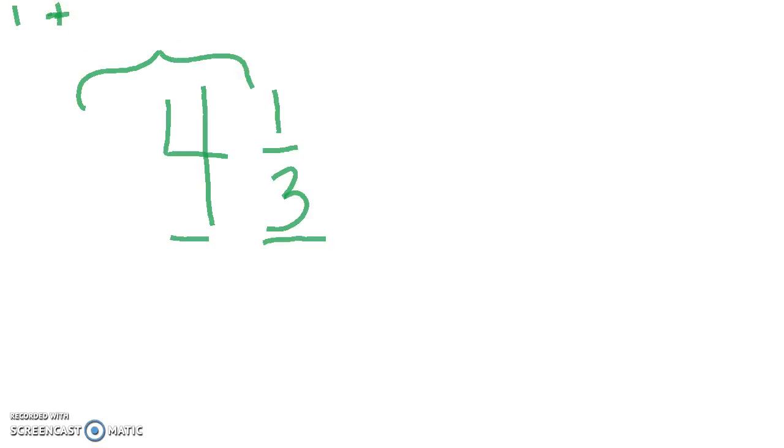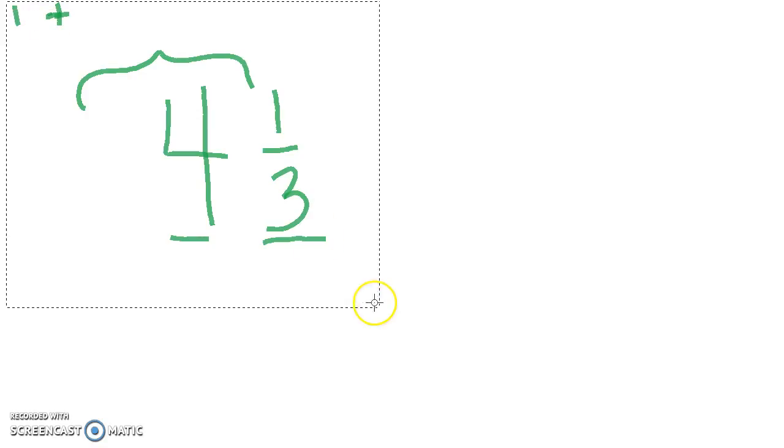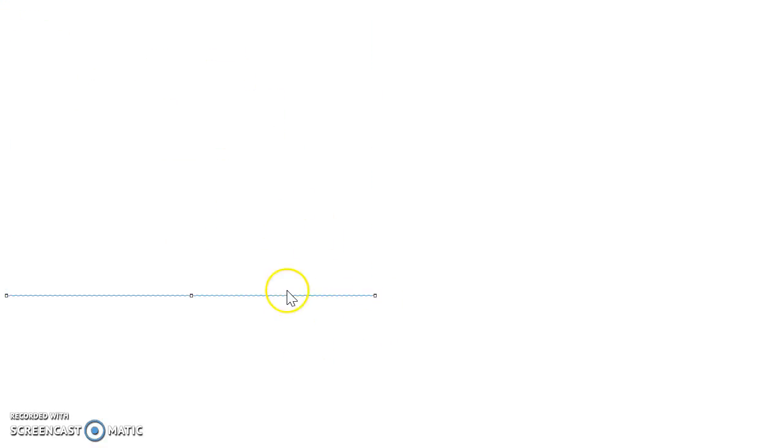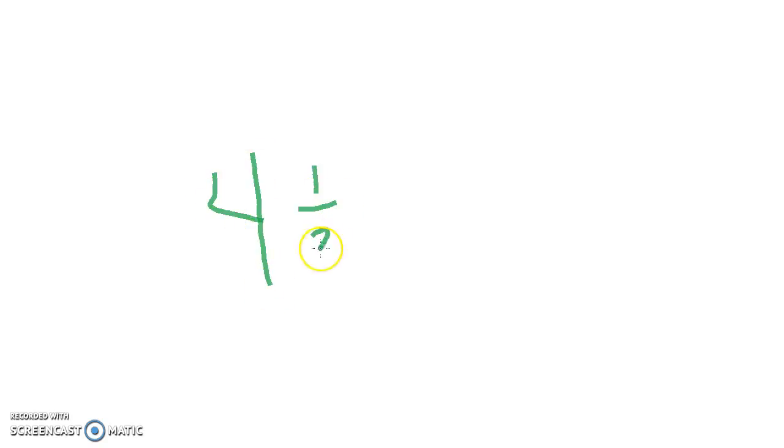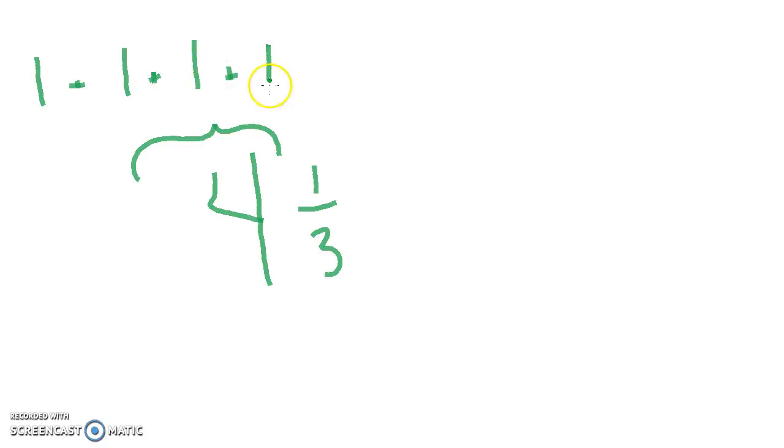You know what? Let me move this down a little bit. So let's just say I had 4 and 1/3. Okay, now if I'm going to break my whole number 4 into 1s, 1 plus 1 plus 1 plus 1. And then I still have my 1/3 here.